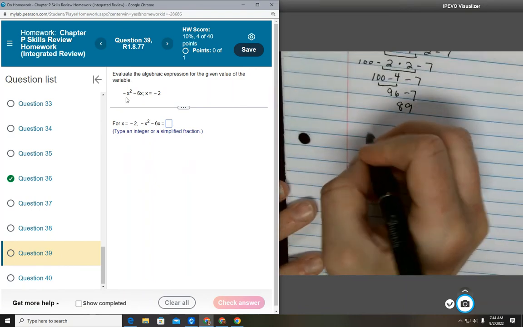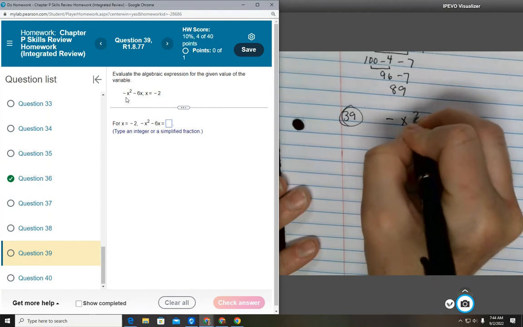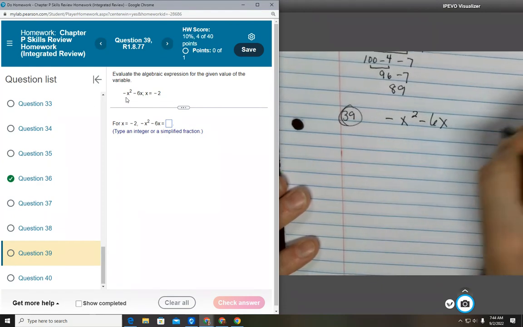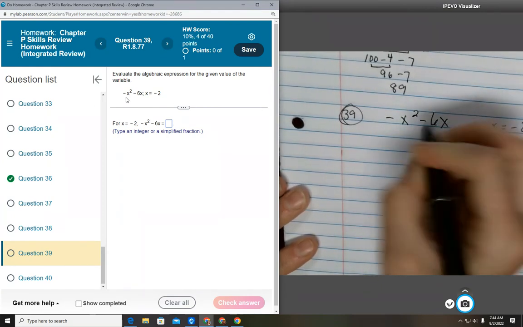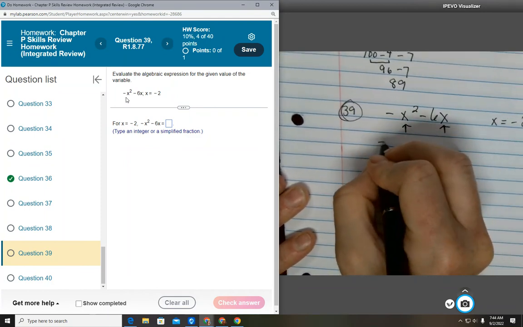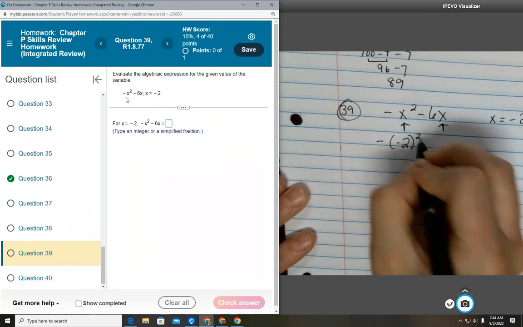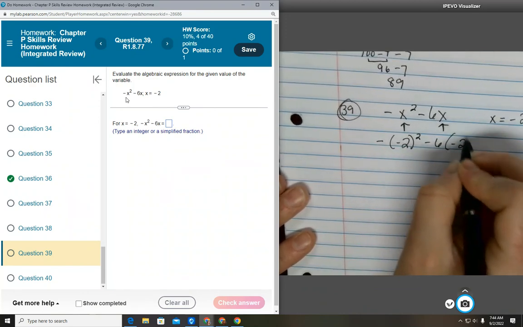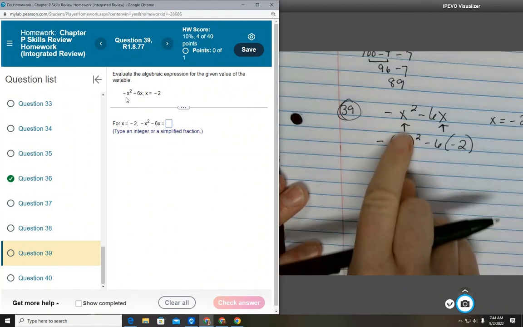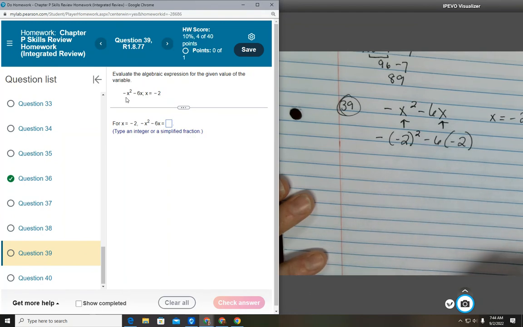Algebraic expression, whenever you substitute in, that's what this is. Negative x squared minus 6x, where x is negative 2. So that means I'm going to plug in negative 2. So I still have this negative, but anytime I plug it in, I'm going to put it in parentheses. So order of operations says parentheses.